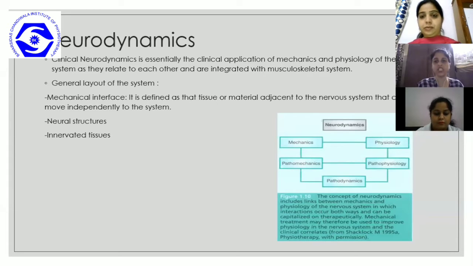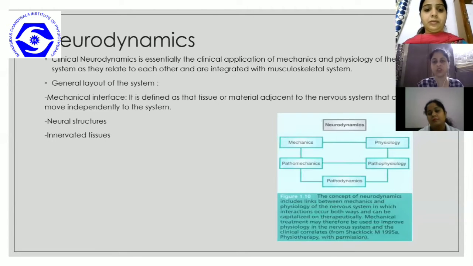The physiology of the nerves is important because nerves join us with the external environment and the brain, because we have various receptors, mechanoreceptors and thermoreceptors. This is how the physiology of nerve works: they are connecting us to the external environment and to the brain.